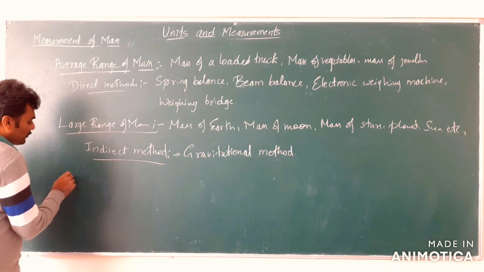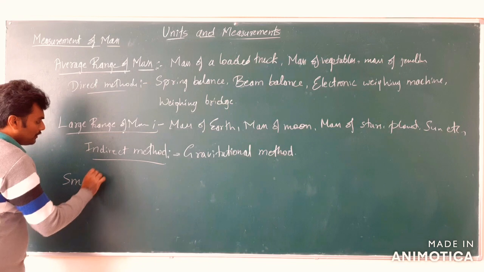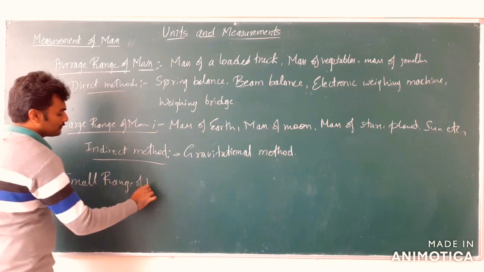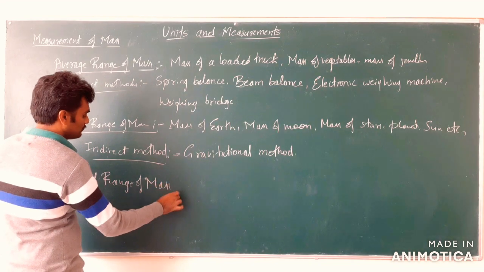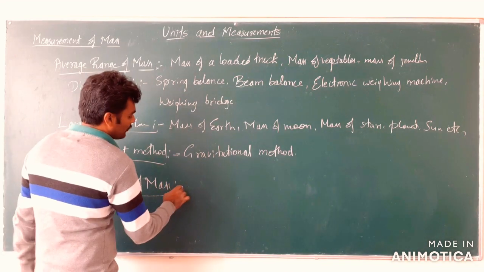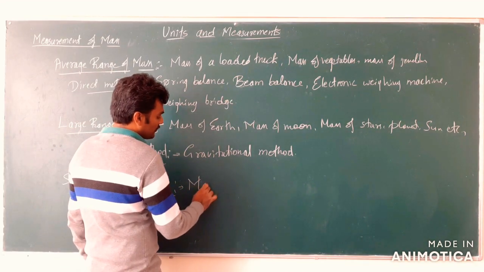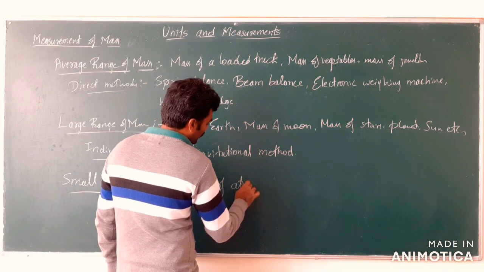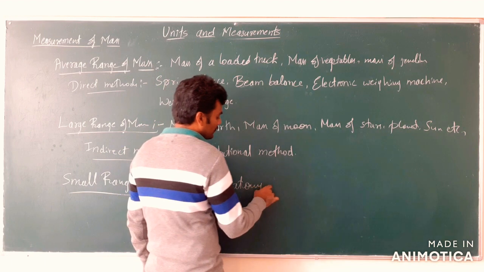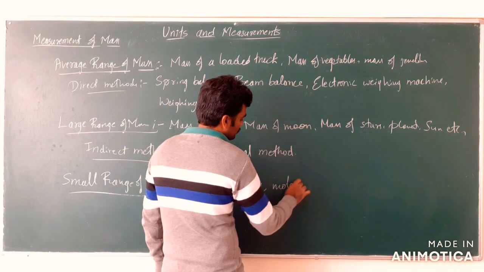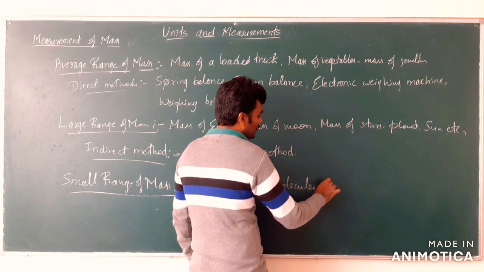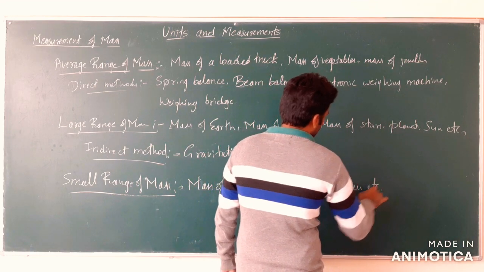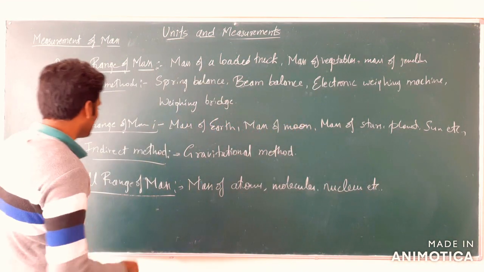And when we take small scale or small range of mass, the masses are somewhat like this: mass of atoms, mass of molecules, mass of nucleus, etc. So these are the ranges.